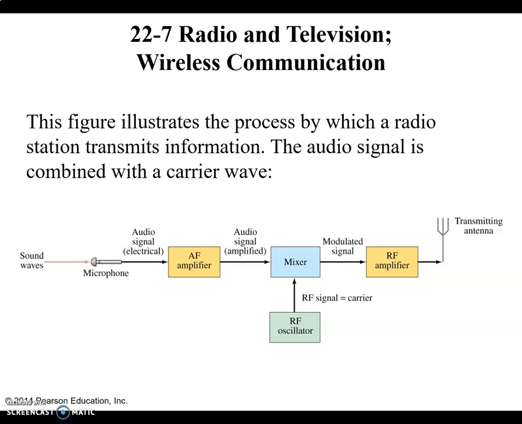All right, before I go any further, let me talk a little bit about this mixing process here. You're going to have an audio frequency, and you're going to have a carrier frequency also, or your radio frequency. And the way they are combined varies depending on the frequency that you're using.